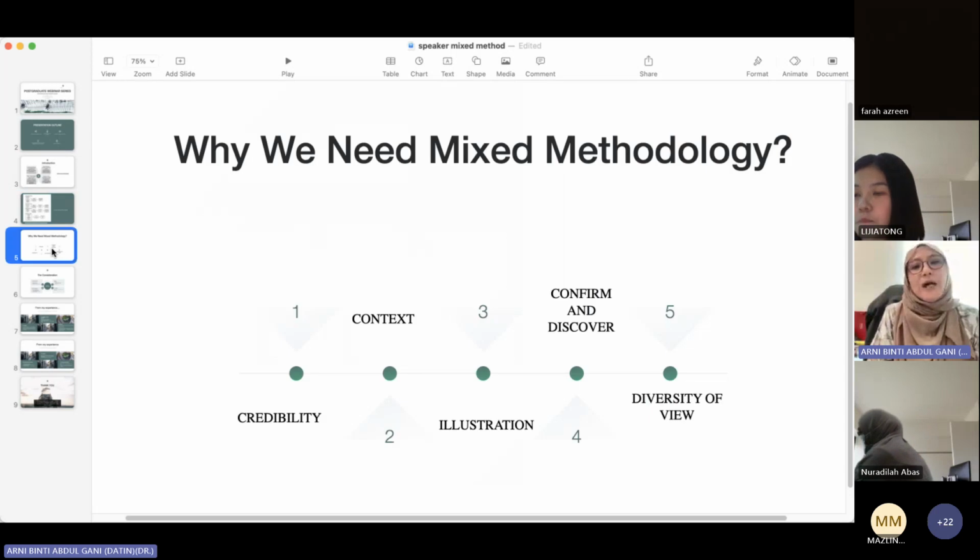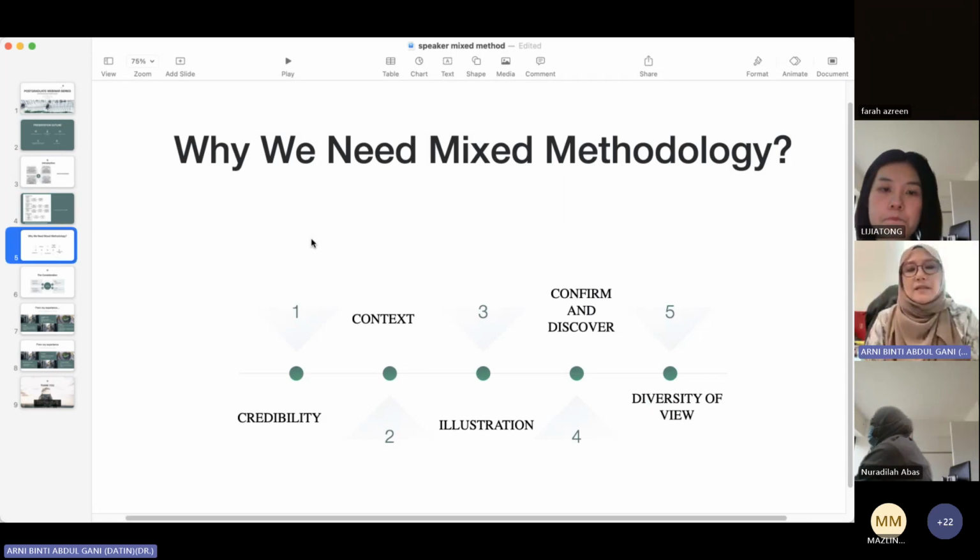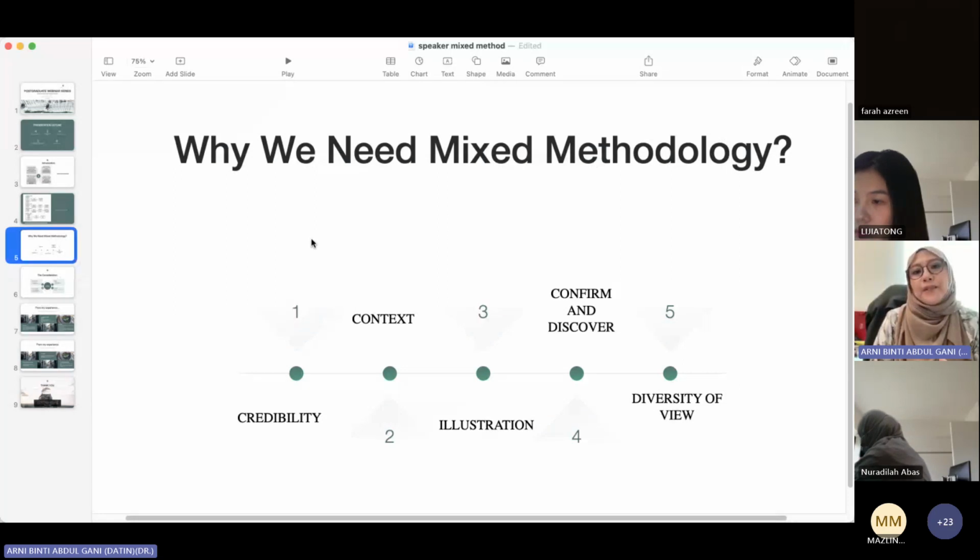All right, why do we need mixed methodology? So one might ask, at what point of time do you think you need a mixed methodology? So one, I would say credibility. Okay, and then a lot of researchers also agree. Credibility means that by using both methods, you can improve the appropriateness of your research findings. Second is context.